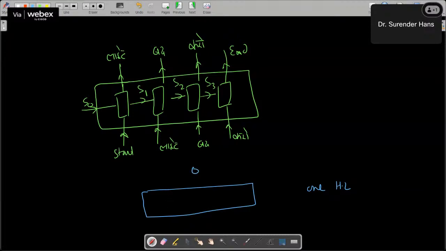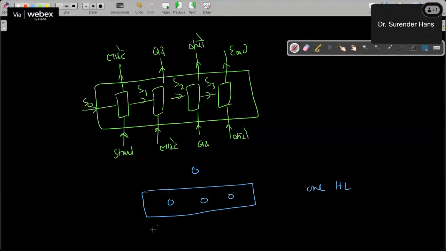Obviously, there is also an input. This one is the input layer. This one is the hidden layer. This one is the output layer. That is a simple feed forward neural network.